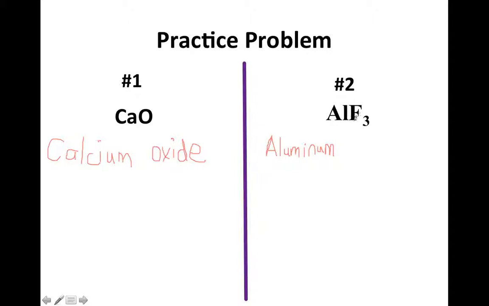And then the F is actually fluorine when I look on the periodic table, but we're going to call it fluoride. So it would be aluminum and then fluoride.